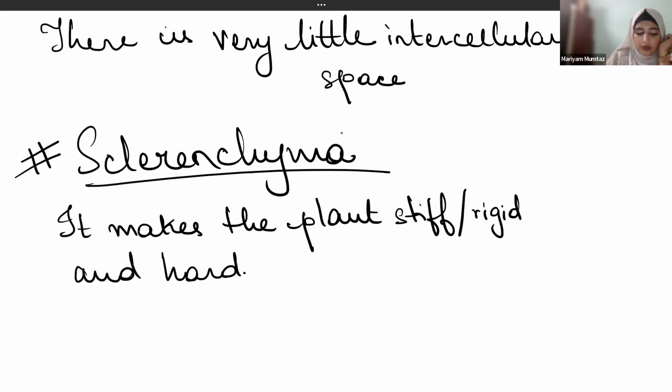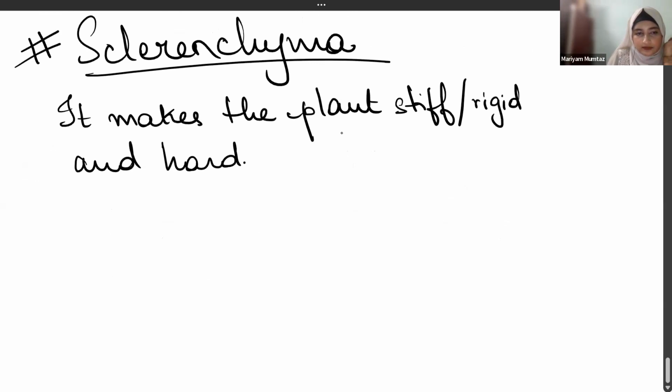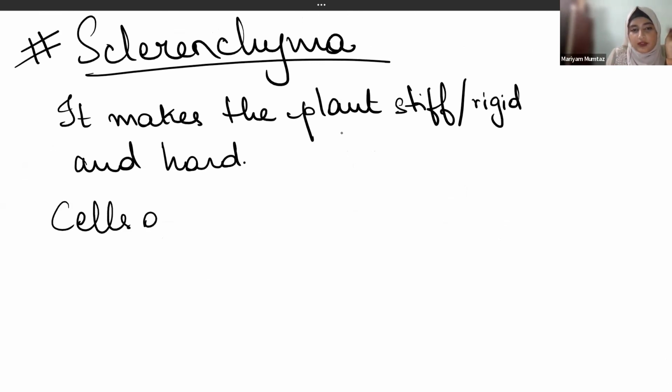Now you have to remember that the cells have no intercellular spaces. Also, the cells are dead here. Cells are dead, meaning no protoplasm is there, and the cells are narrow also.